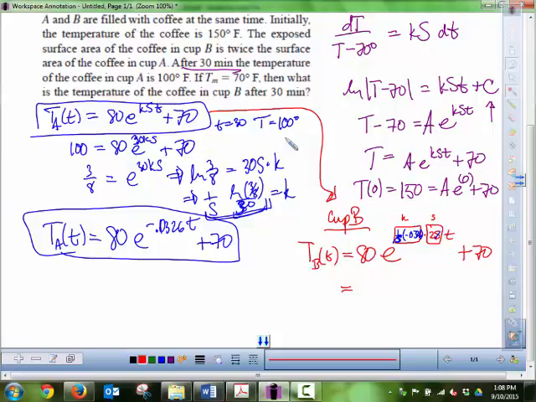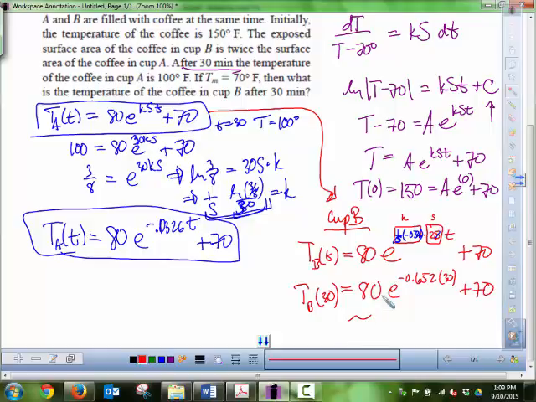All right, so let's see what happens. So it should be less than 100 degrees, right? So let's take your calculators out again. We want T_B at 30 minutes, which is negative 0.0652 times 30, take that as a power of e, multiplied by 80, and then throw in a 70.